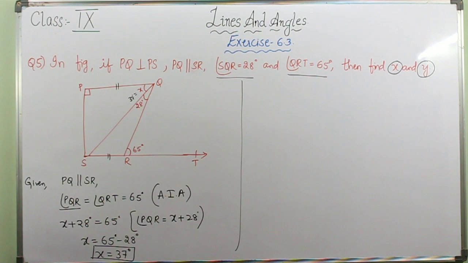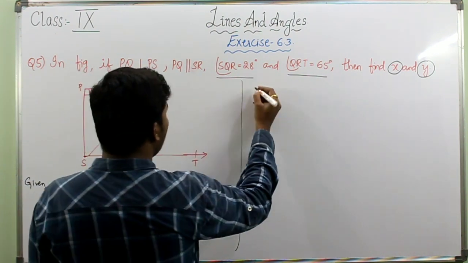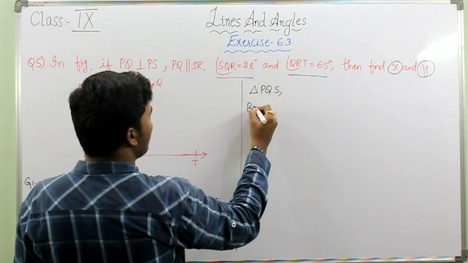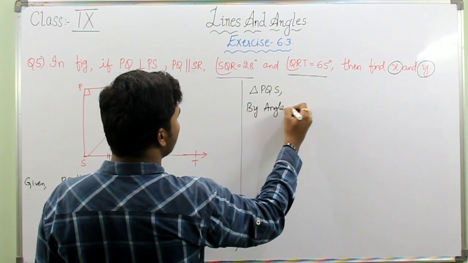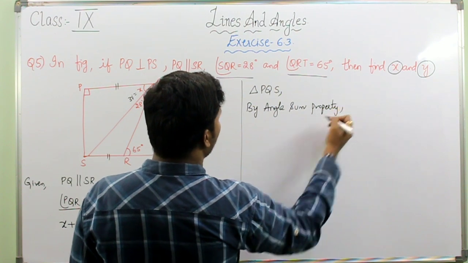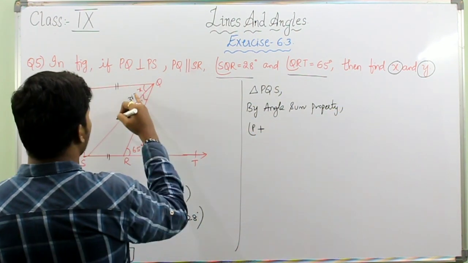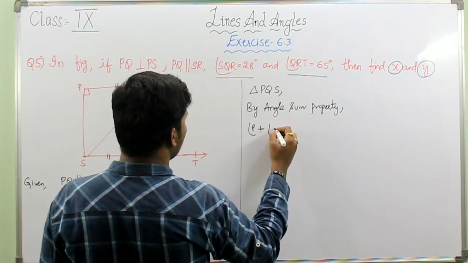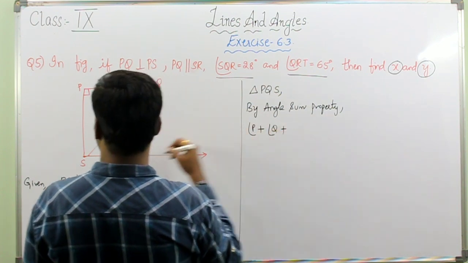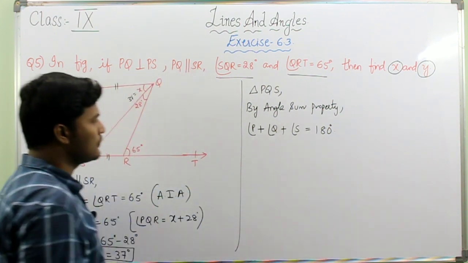Now we have to find the value of Y. In this we can consider the triangle PQS. Here by angle sum property, what can we write? Angle P plus angle Q, that is angle X, plus angle S is equal to 180 degrees.